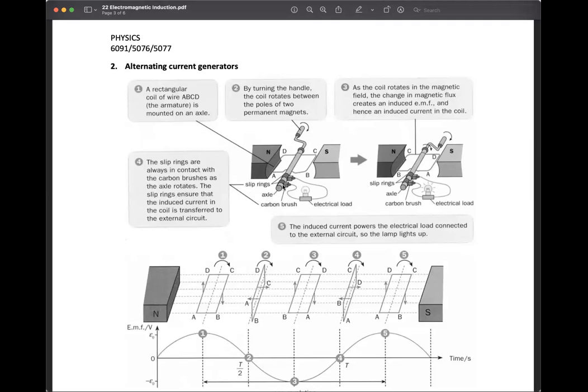So you just use a continuous ring, a ring that's not split. Is that clear? Faraday, both the slip ring and the split ring commutator ensure that the wires don't entangle. Slip ring is continuous, while the split ring allows the current to actually change direction. Is that clear?